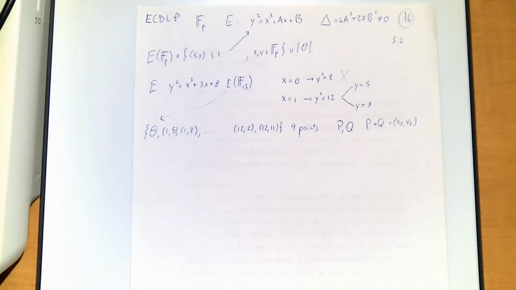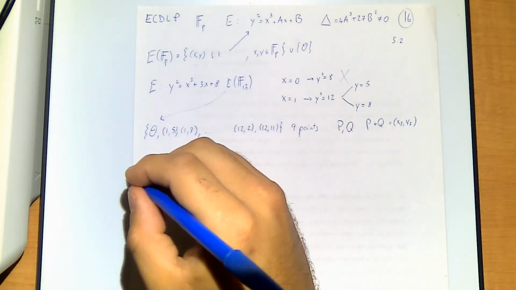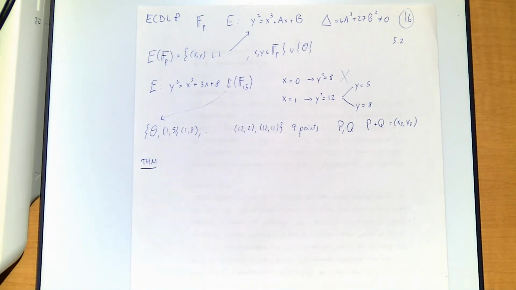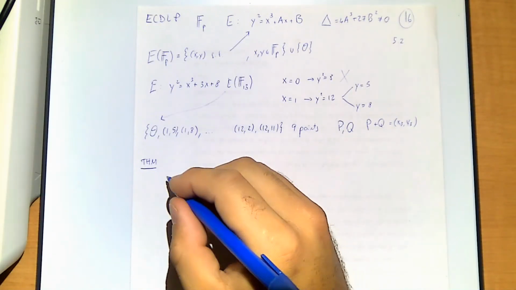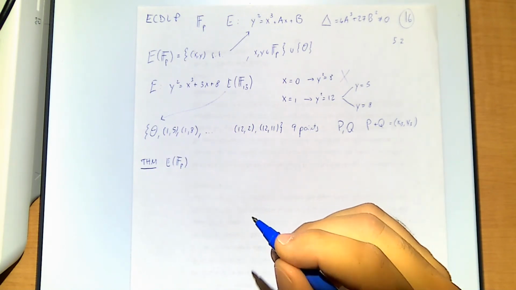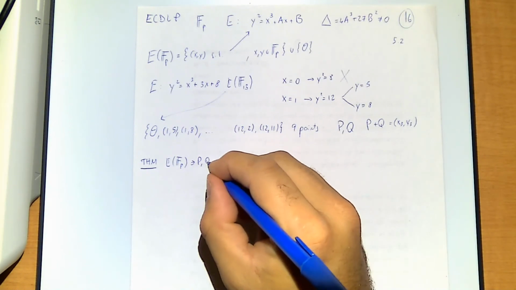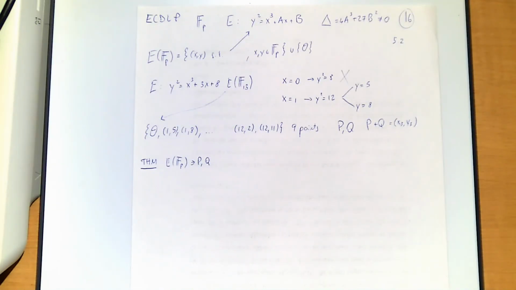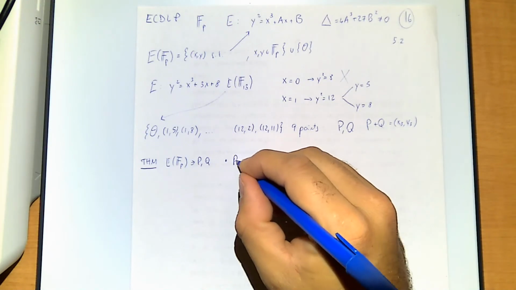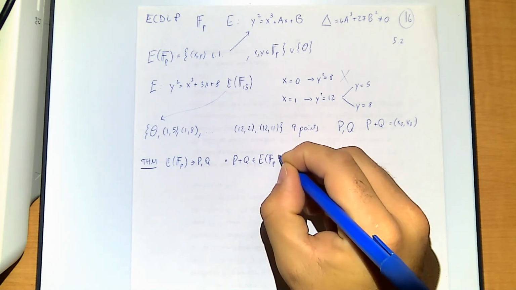Okay, so in fact we can use this result, which tells us two things. If you take E to be an elliptic curve defined over Fp, and we take 2 points P and Q in this set, then the addition P plus Q also belongs to this set of points.